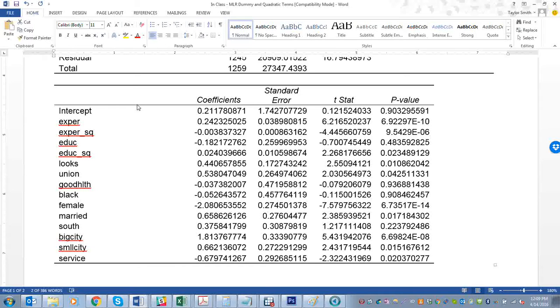So usually when we talk about hourly wage, we talk about it in dollars per hour, and so that's how this is measured. And so the 0.44 means $0.44 per hour, which is 44 cents an hour. And so an increase of your looks by 1 point, we would expect to see on average an increase in your pay of about 44 cents an hour. So that's how you answer that first part of that question.